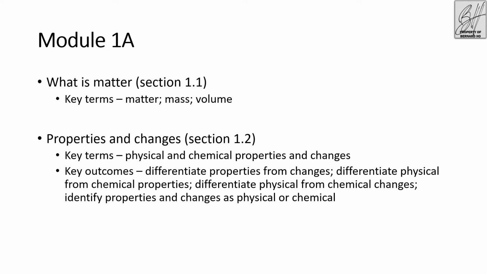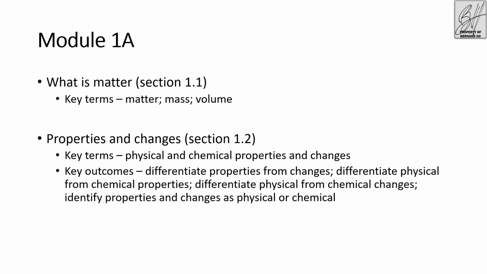It's really important to know that the goal here is not necessarily to be able to regurgitate definitions. While the definitions are important, the real goal is to apply the terms and definitions to be able to achieve the key outcomes. And this course is very much process-oriented, but we do need a language to perform those processes. And here in this module, we are covering material from sections 1.1 and 1.2.